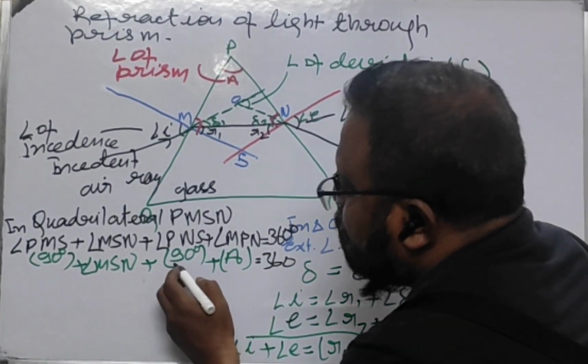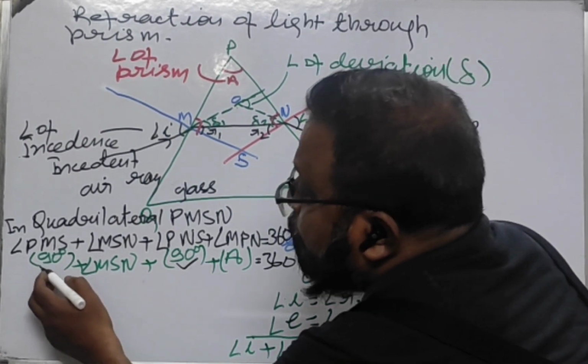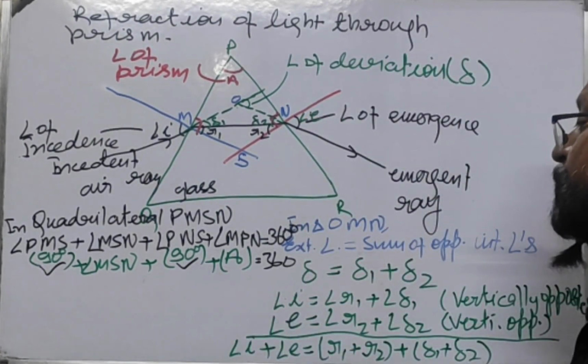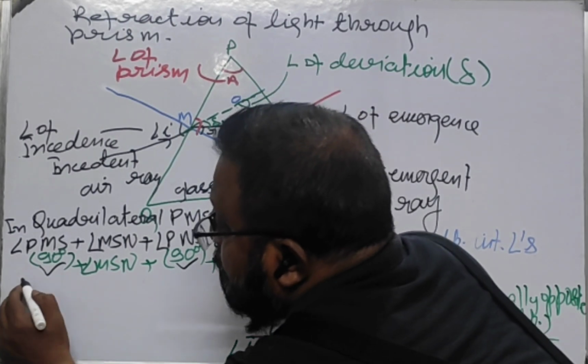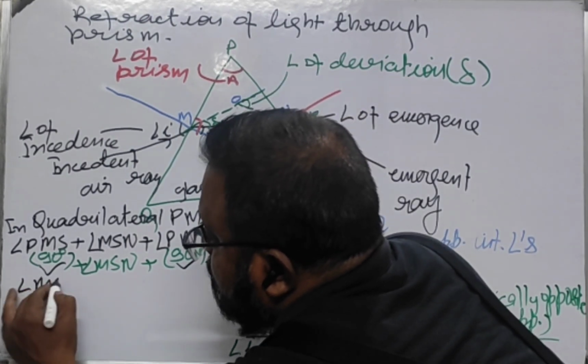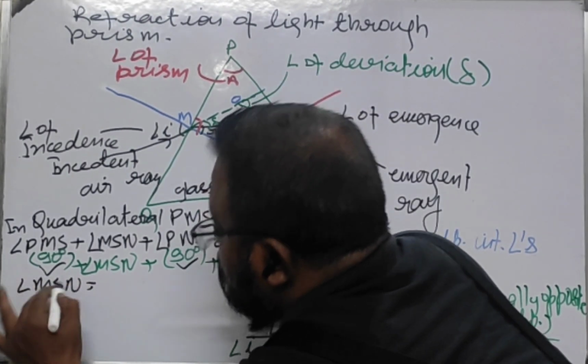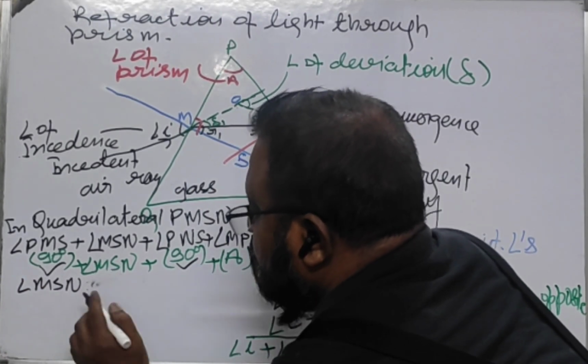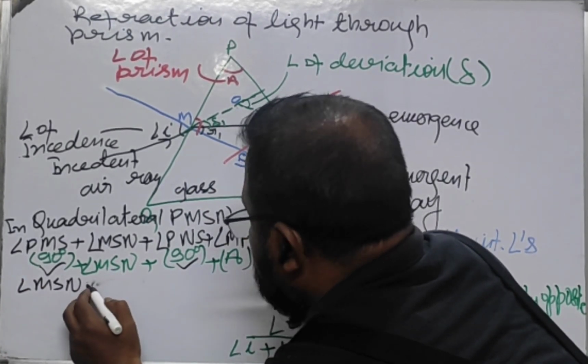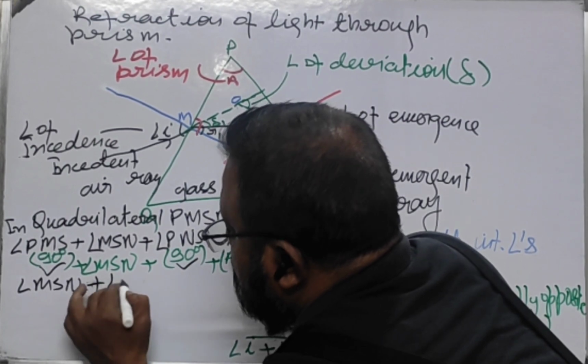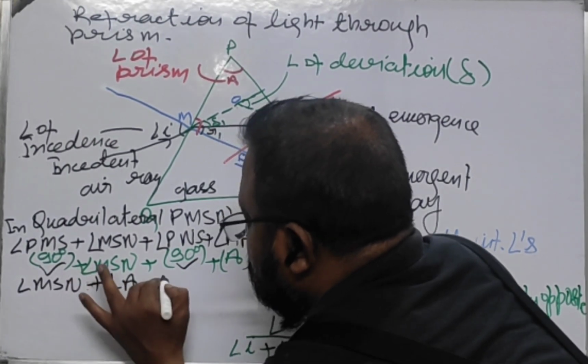So 90 90 180, or 360 minus 180. So you get angle MSN plus angle A is equal to 180.